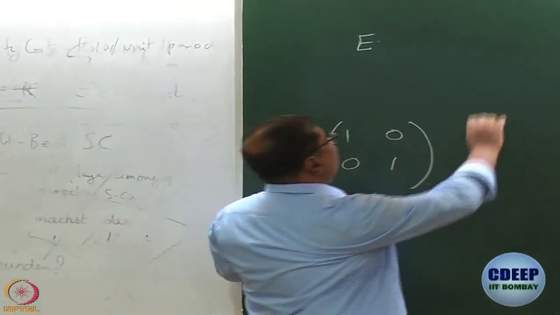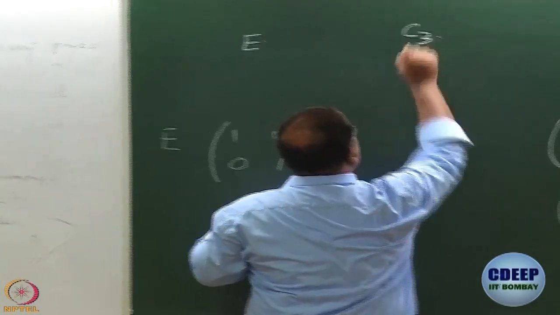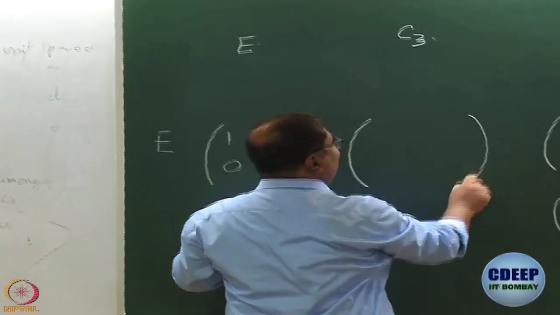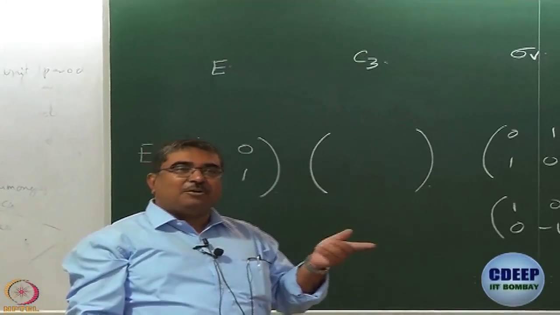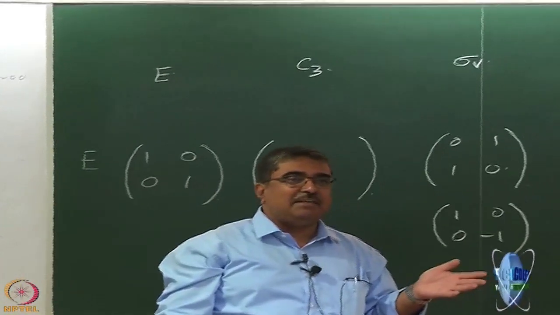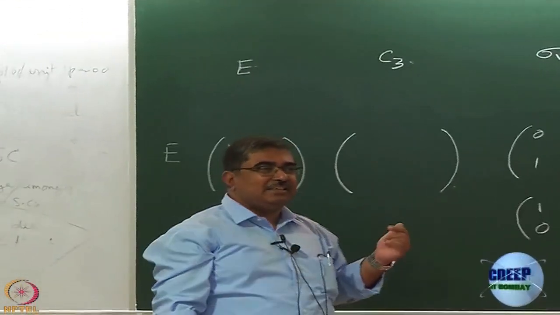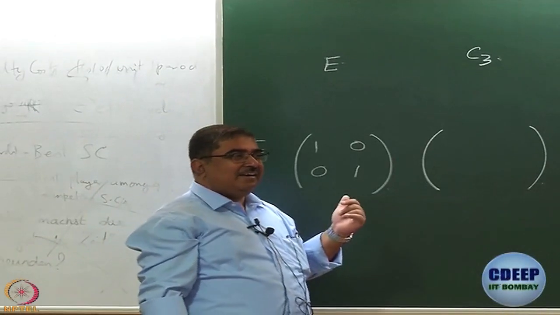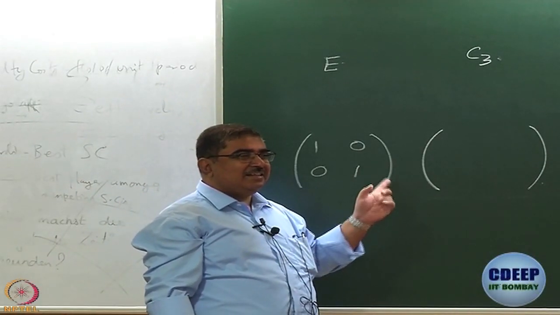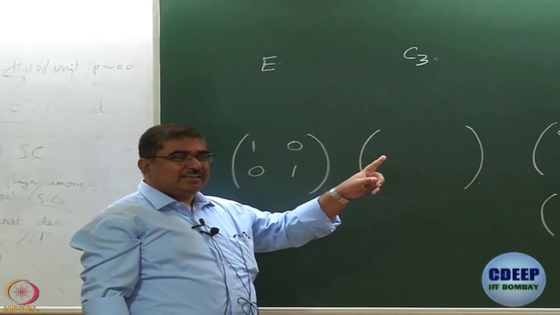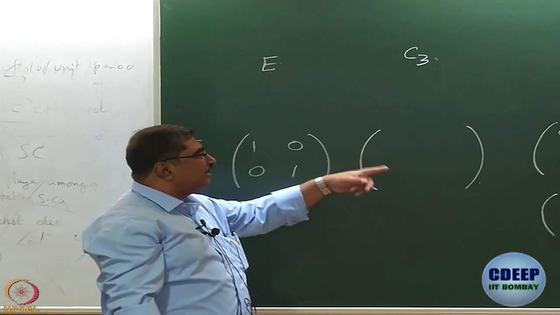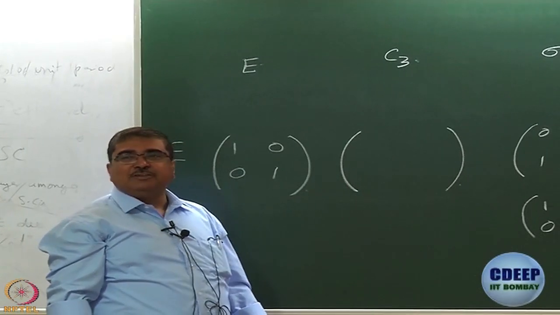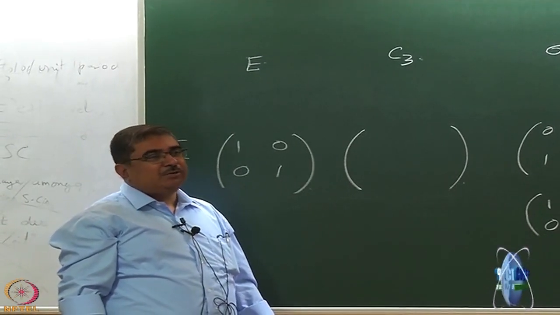Now let us work out C3. The C3 is something that we should be able to do, because we know the matrix for rotation by theta. Remember the matrix for rotation by theta, what was it? Cos theta, minus sin theta, sin theta, cos theta, isn't it? So, what is theta for C3? 120 degrees.